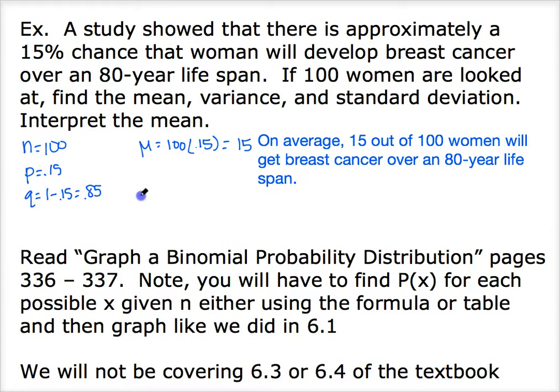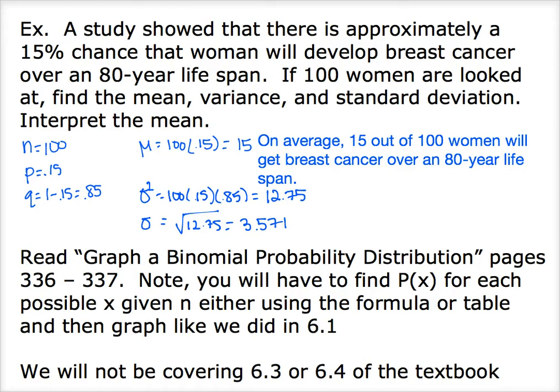Our variance is N times P times Q, which equals 12.75, and our standard deviation is the square root of that, or 3.571.